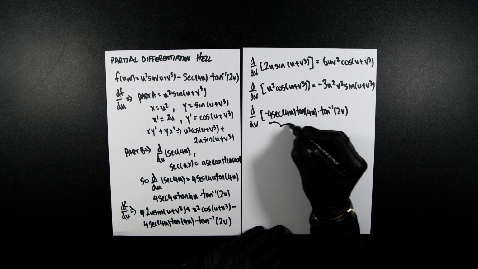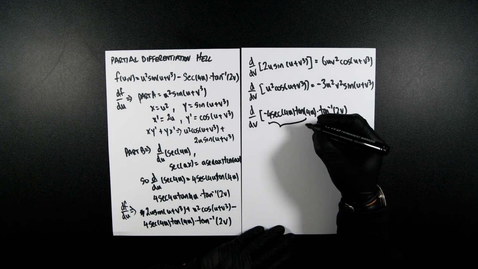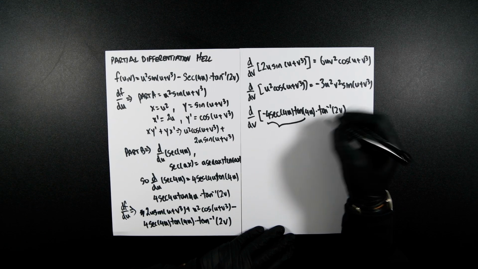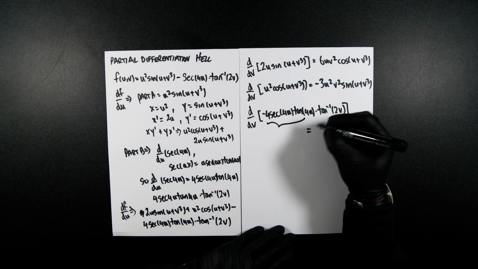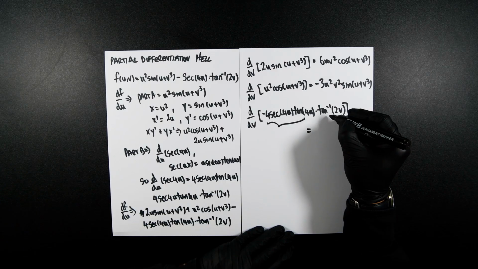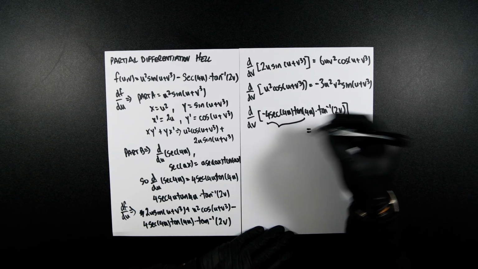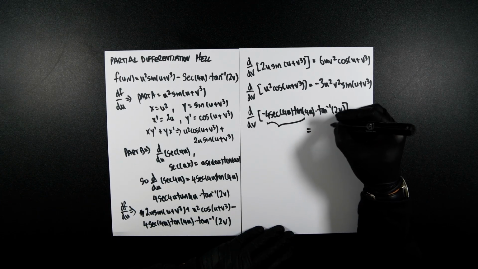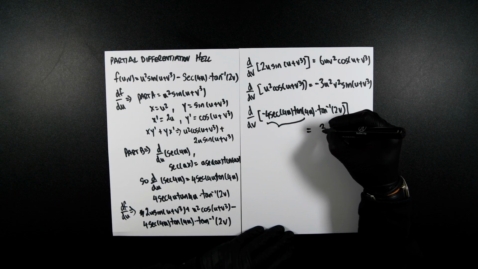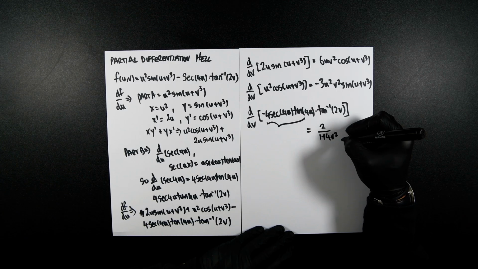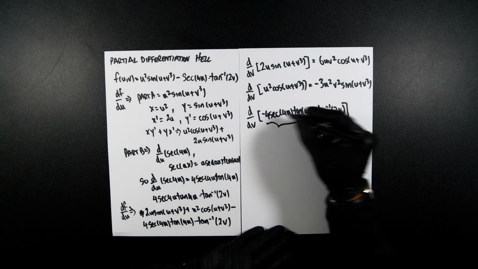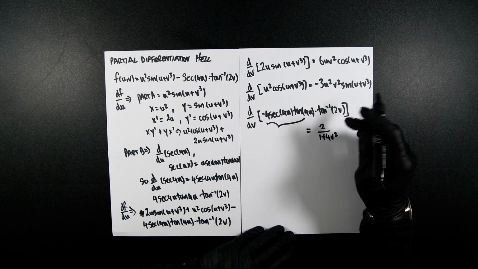Obviously the whole of this contains v, so it only depends on this. So very thankfully we can just differentiate tan minus 1 2v, which we did with df/dv, is going to now be 2 over 1 plus 4v squared. Obviously then you multiply this and bring it back into that.